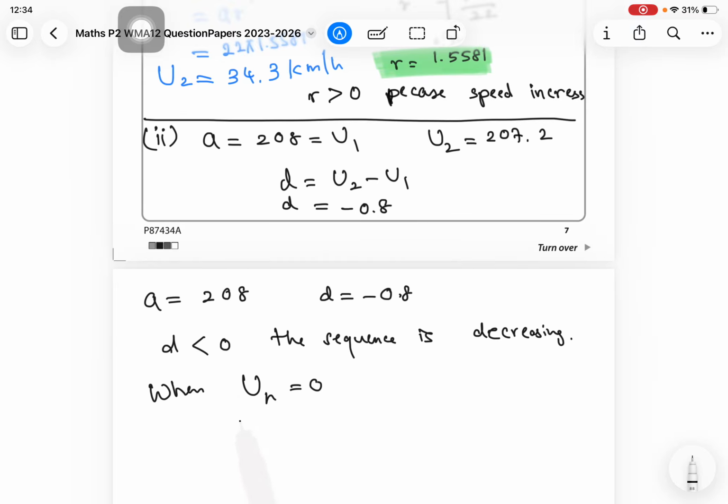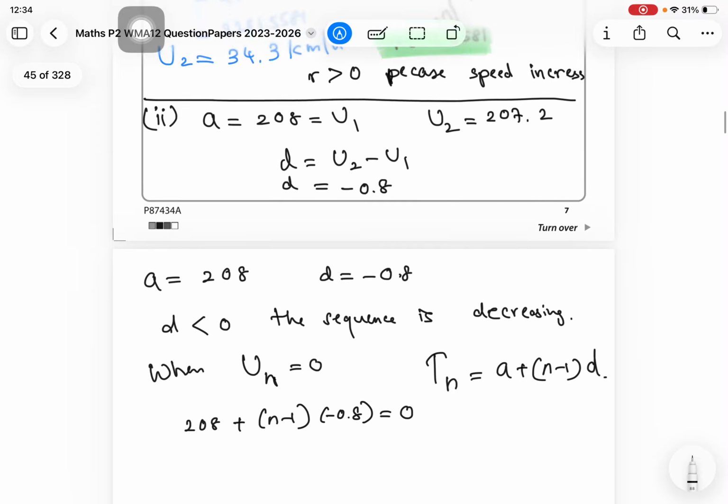Okay, so we know for an arithmetic sequence Tn equals a plus n minus 1 times d. So we have 208 plus n minus 1 times negative 0.8 equals 0.